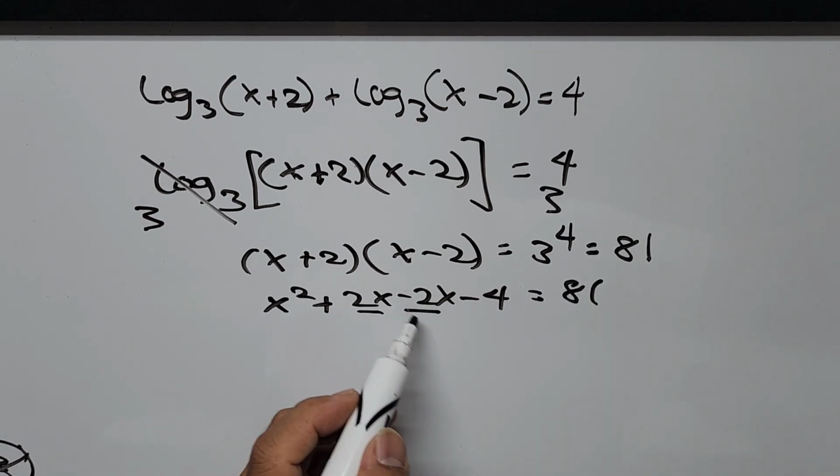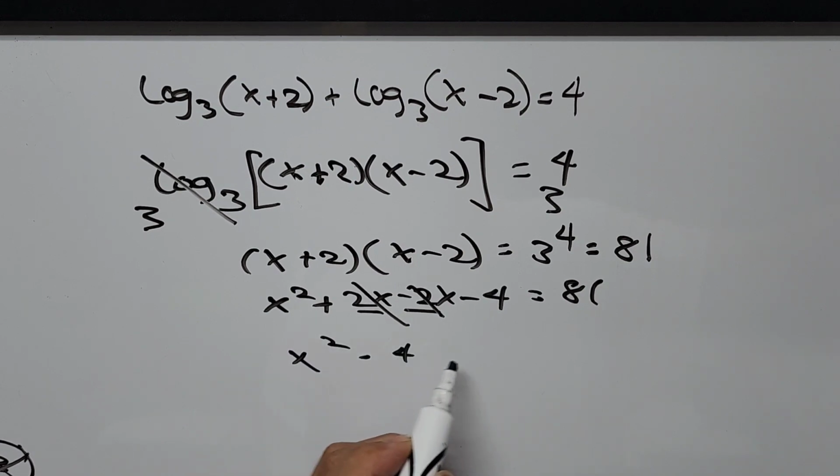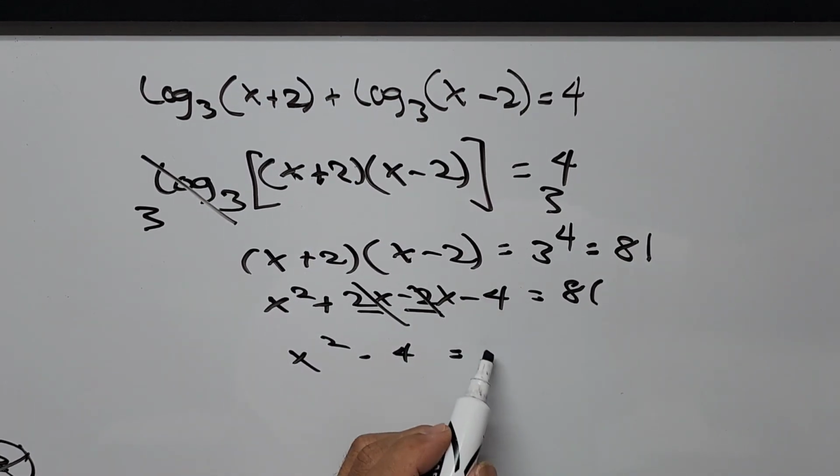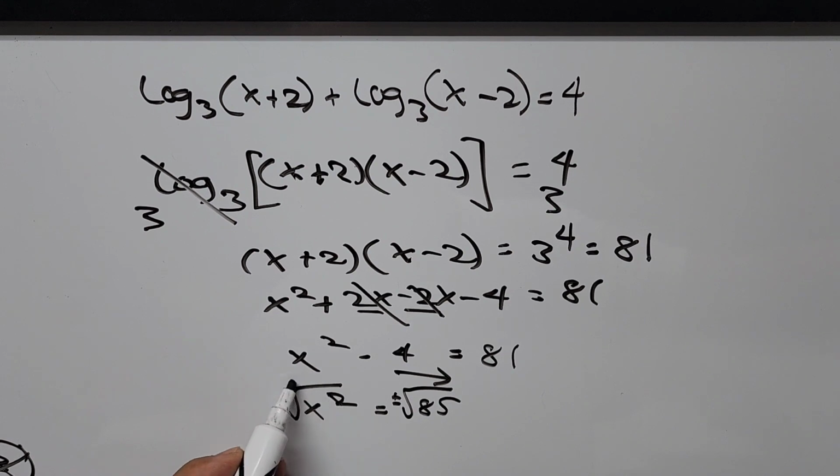So 2x minus 2x cancels, so we have x squared minus 4 equals 81. Solving for x, x squared is equal to, putting negative 4 to the right, 85. By taking the square root of both sides of the equation, canceling the square and the radical sign, we have x is equal to plus or minus the square root of 85.